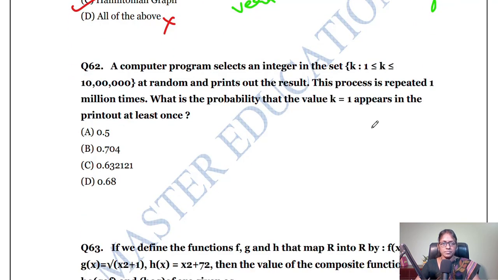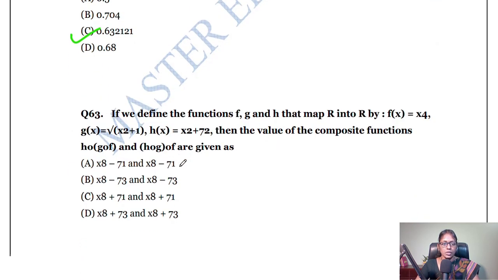So the next question, I am not aware of the answer, so just check it out, but the option is 0.63211.